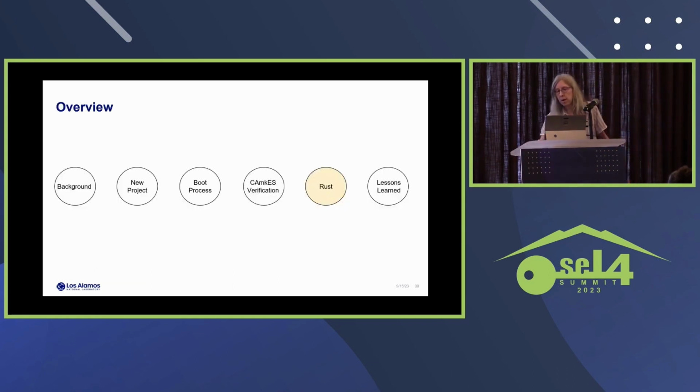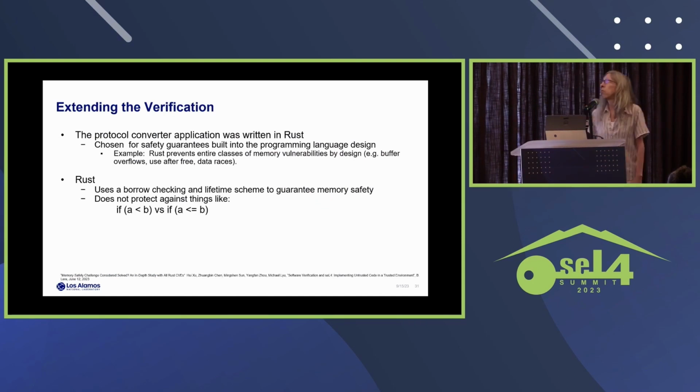So now let me talk about our interface with Rust. As I mentioned before, our protocol gateway converter was implemented in Rust, and it was chosen because of the safety guarantees in the programming language. For example, Rust prevents entire classes of memory vulnerabilities like buffer overflows.